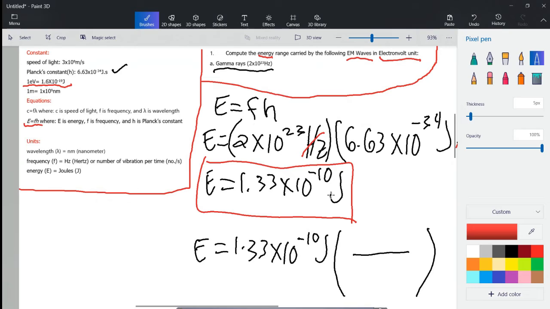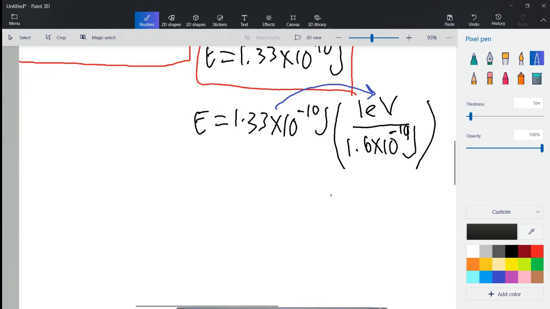So in 1 electron volt, there is 1.6 times 10 to the negative 19 joules. So we should first cross, let's have first the product.